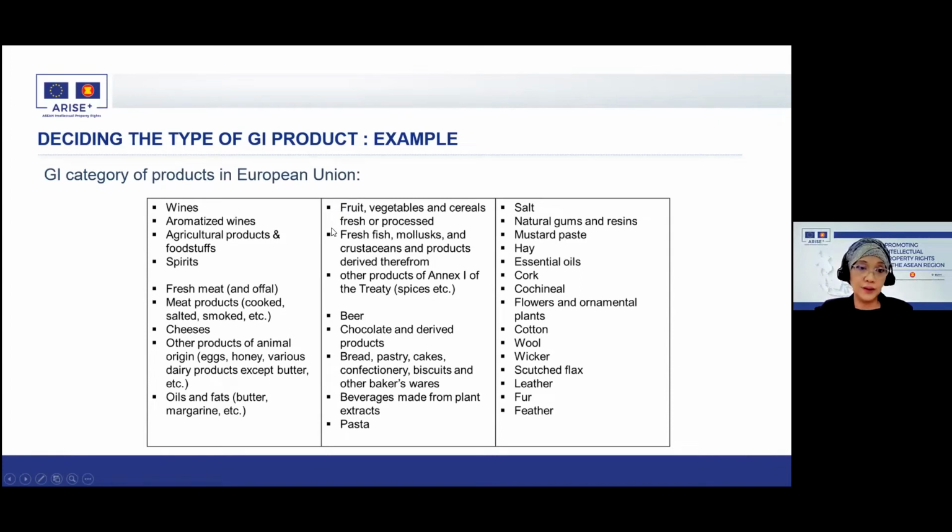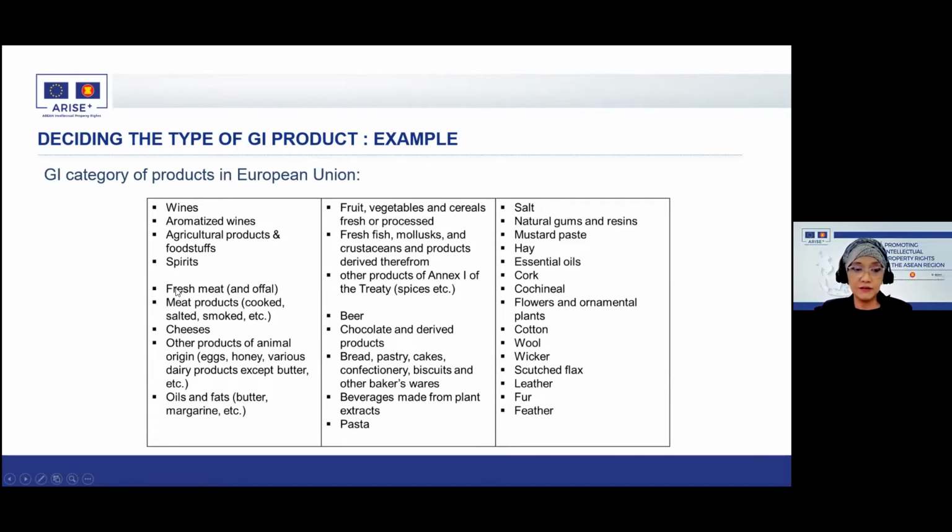So in the European Union, the GI category of products is wider. Okay, it's very rich, varied. So the GI product can be wines, aromatized wines, agricultural products and foodstuffs, spirits, fresh meat, meat products.